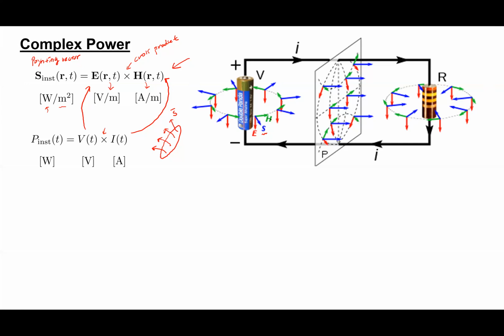We can see that power is coming out of the battery with this blue arrow. That means that this battery is pumping energy from inside the battery to this circuit. Okay, and then the current is flowing in this direction.